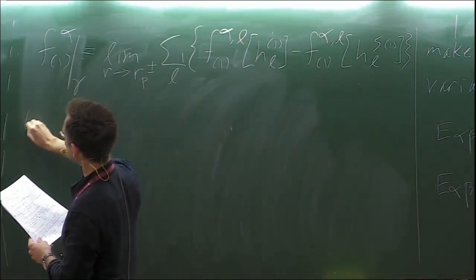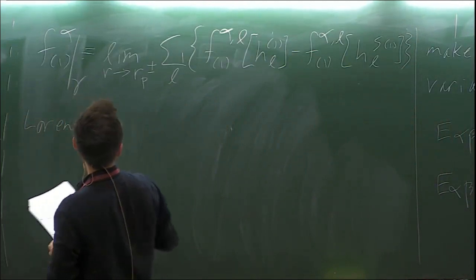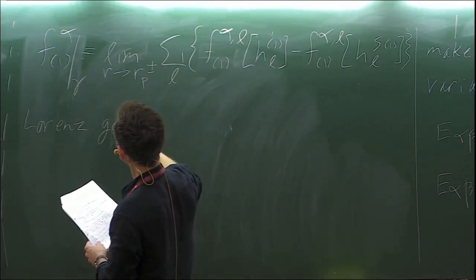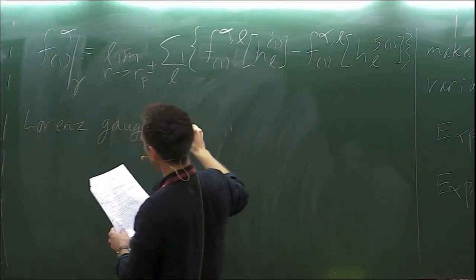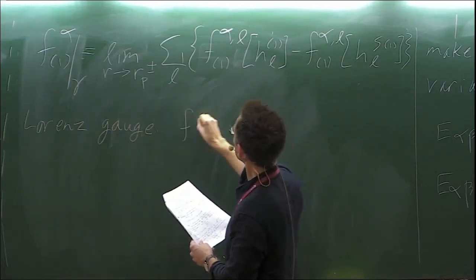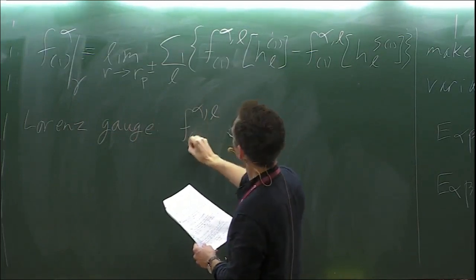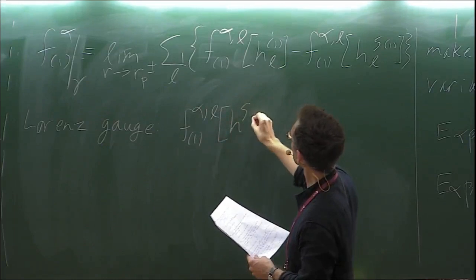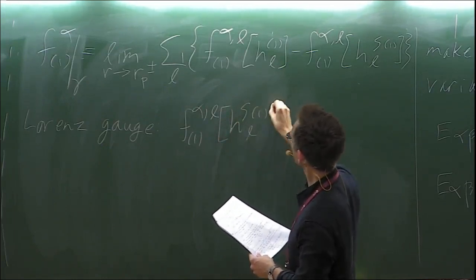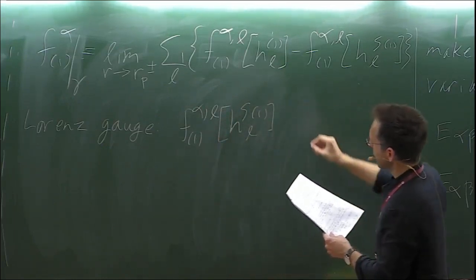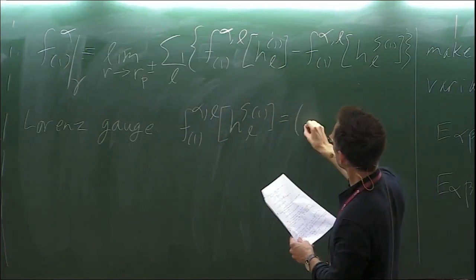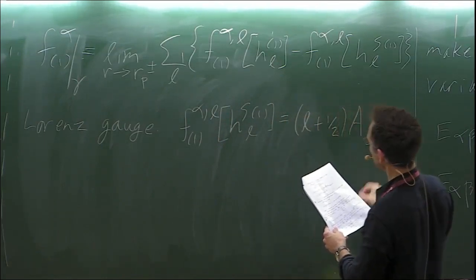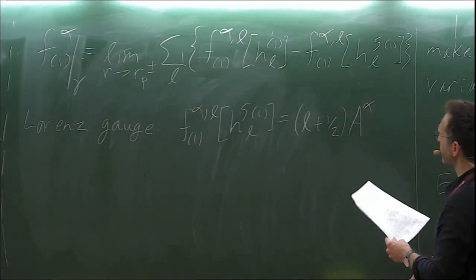So in the Lorentz gauge again, this has a very simple form. F alpha L1 constructed from S1L is L plus a half times A alpha.